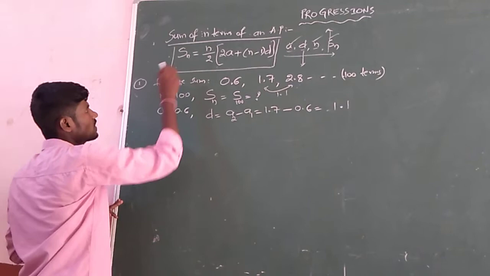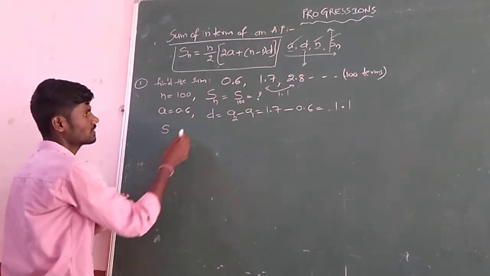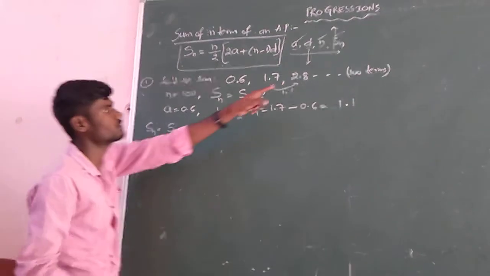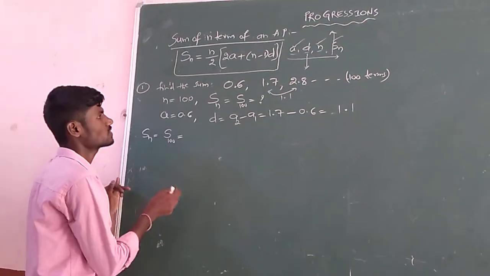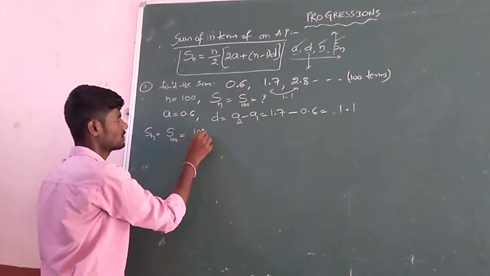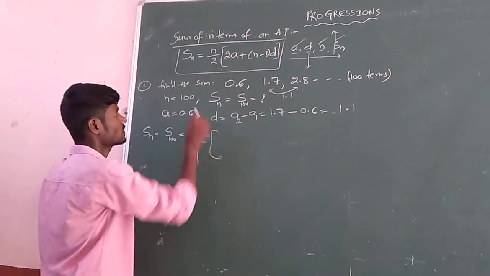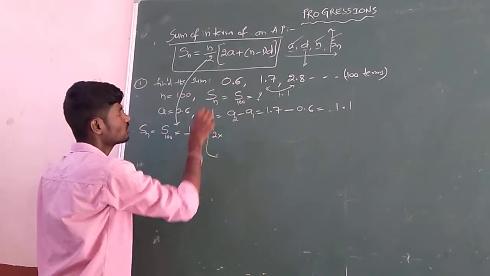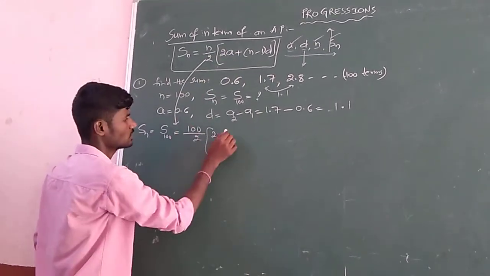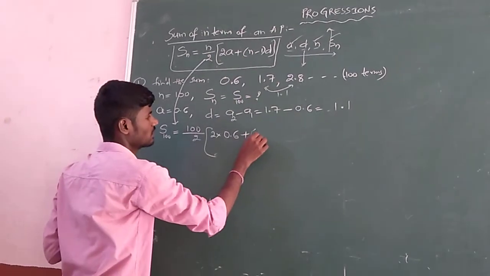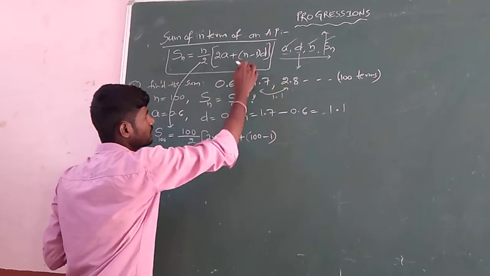So substitute in this formula. S100, the sum of 100 terms, is equal to n by 2. N is 100, so 100 by 2, of 2 into A, that is 2 into 0.6, plus (n minus 1), that is 100 minus 1, into d.